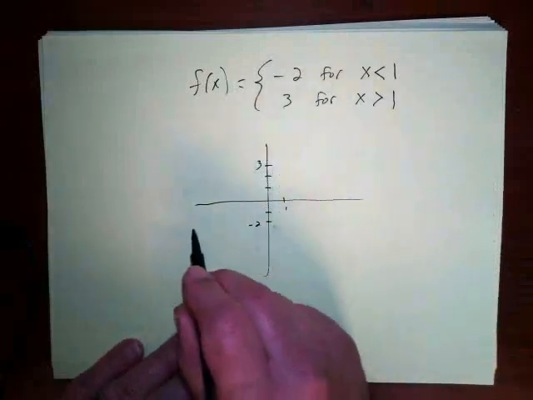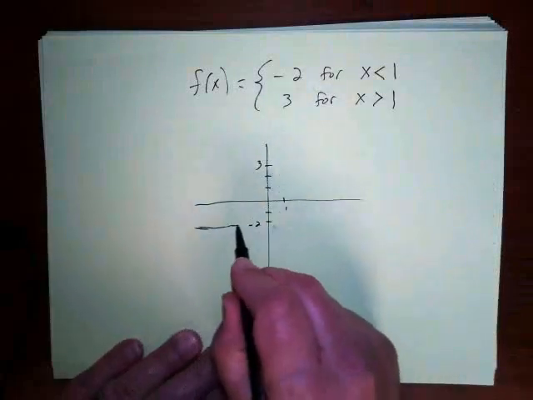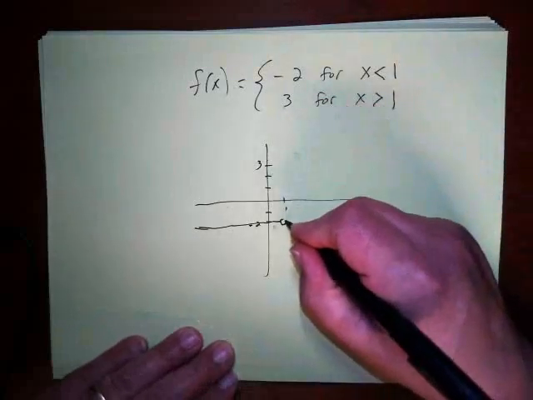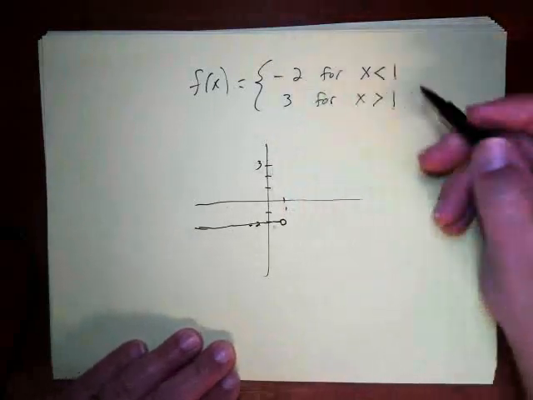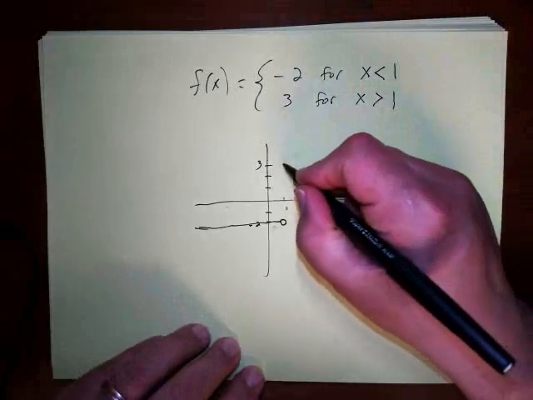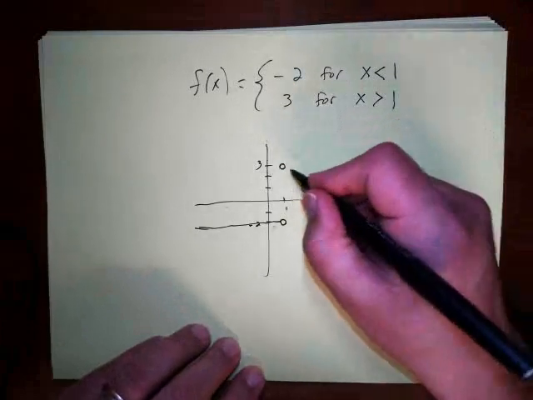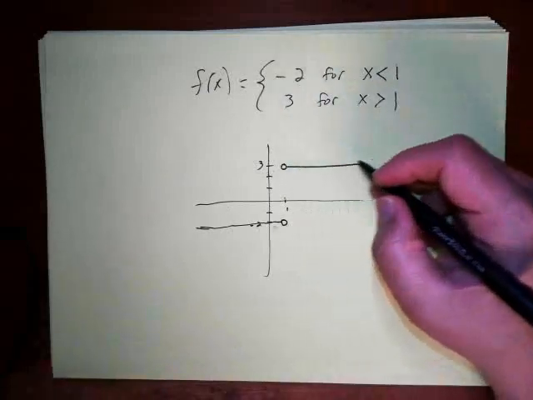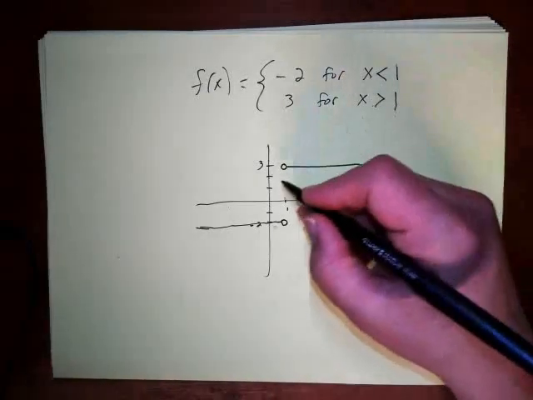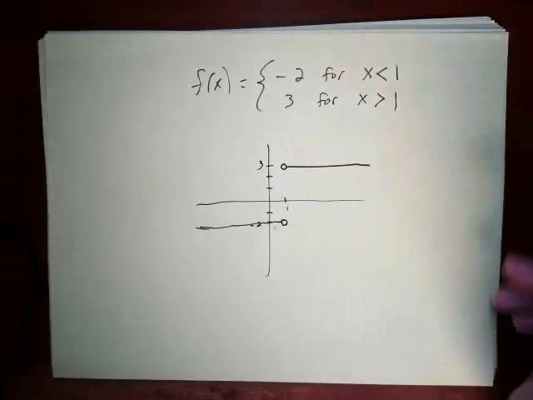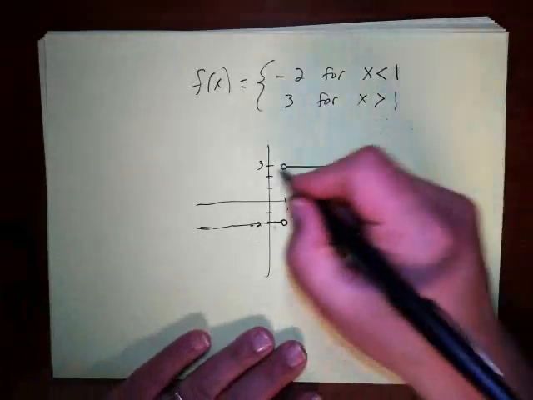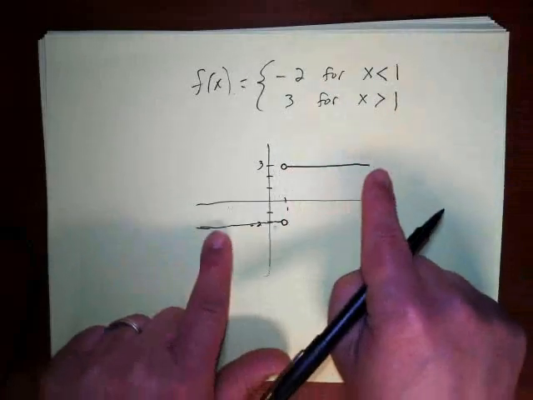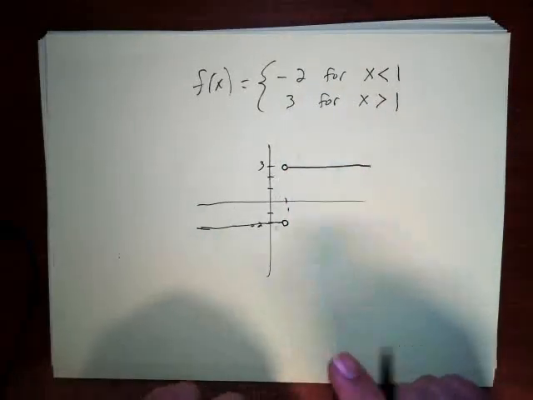For everything less than 1, it's going to be -2, and this is an open circle because at 1 it's not equal to -2. But now this is also an open circle, right? And so it'll be 3 for everything strictly greater than 1. But at 1, it's not equal to 3. Okay, this circle is not filled in. So these are both open circles.